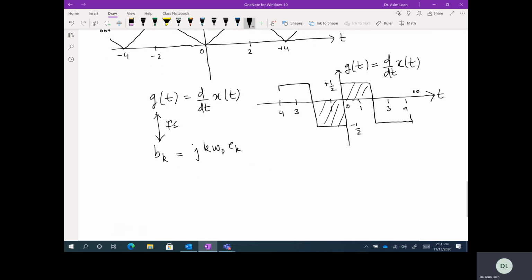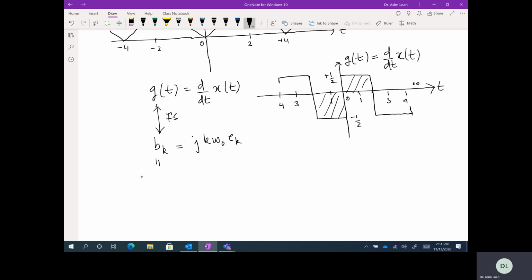But what is bk? We know bk is 0 for k equal to 0, and otherwise it is sine k pi by 2 over k pi, into e to the minus j k pi by 2, for k not equal to 0.